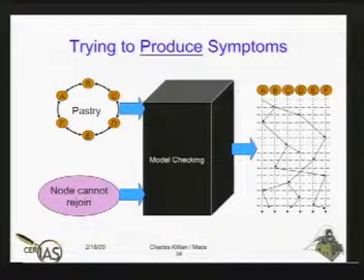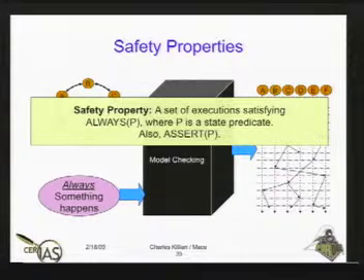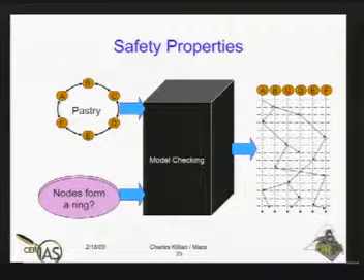So existing model checkers that can test systems code, unmodified implementations, can only test safety properties. A safety property is, roughly speaking, a set of executions satisfying always P, where P is a state predicate. So for example, an assertion is an example of a safety property. Whenever the program counter reaches the line of the assertion, the property must be true, otherwise you've experienced a bug. So let's try having our symptom be a safety property.